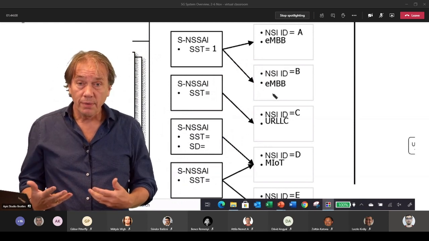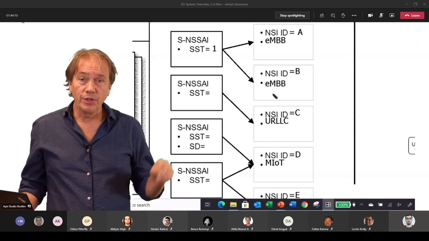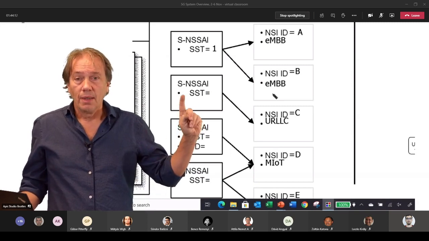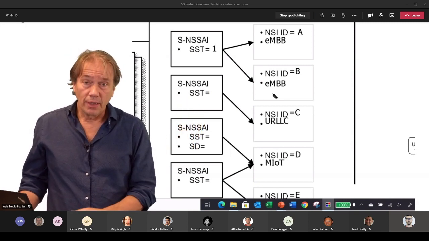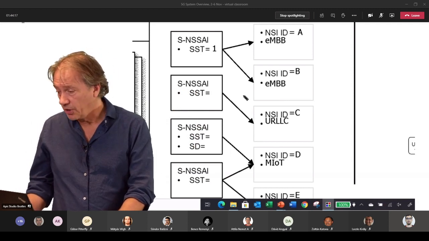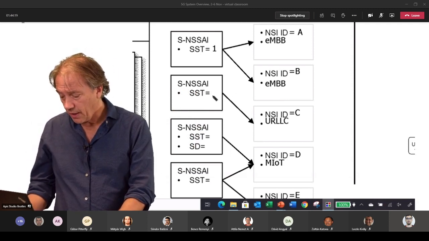Another user equipment registers and sends single network slice selection assistance information and indicates SST value 2.